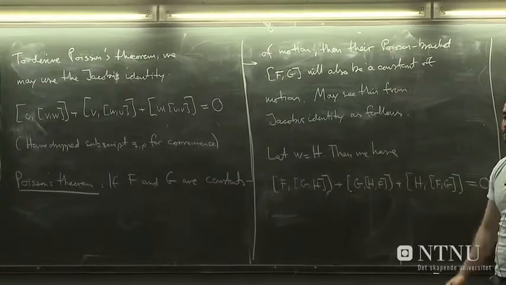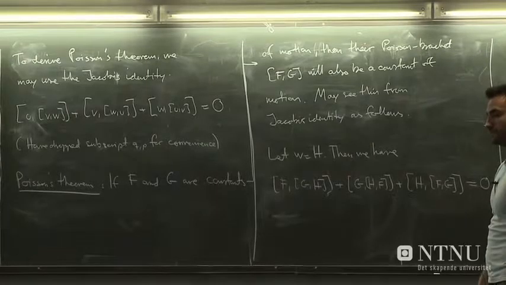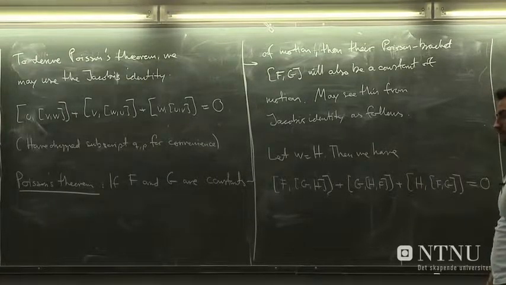Yes? Then don't you need that f and g are constants of the motion with no explicit time dependence? Because otherwise their Poisson bracket will equal minus their partial time derivative. But if they're a constant of motion, I suppose one could say that it's implicit there's no time dependence, because otherwise they wouldn't be constant.